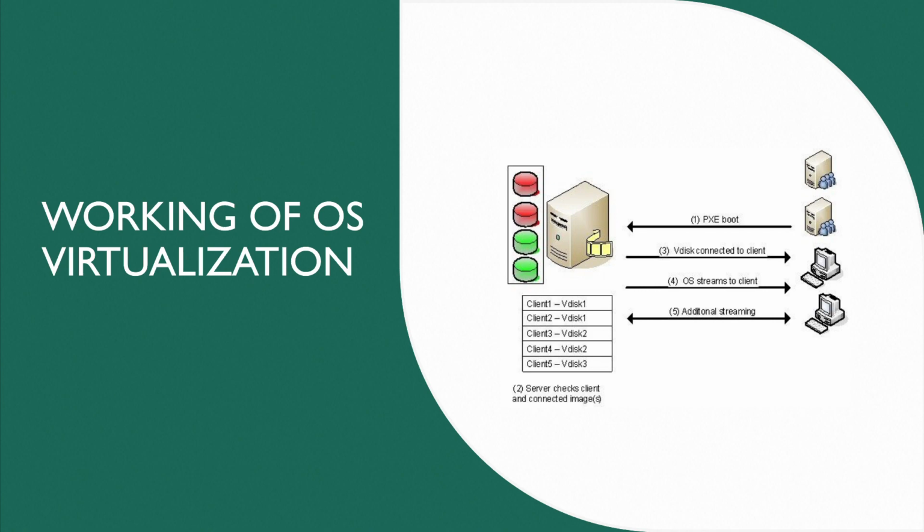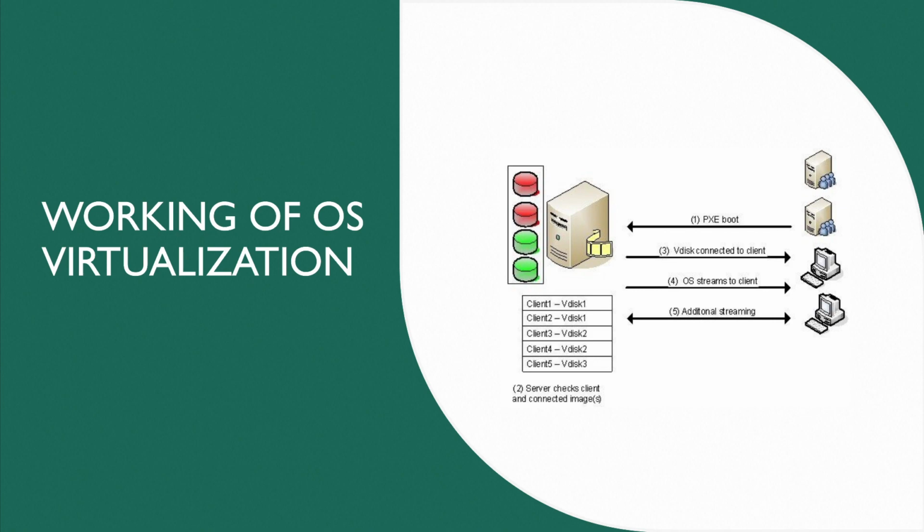Most products offer several ways to cache that information, for example the client hard disk or the disk of the operating system virtualization server. So OS streams to the client is when the disk is connected, the server automatically starts streaming the content of the virtual disk. That is the main point of the fourth step.